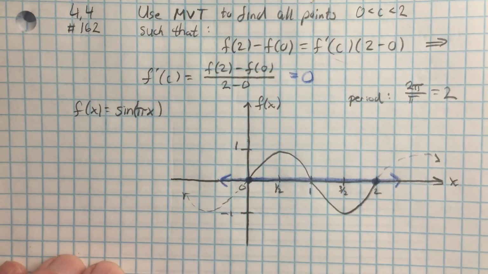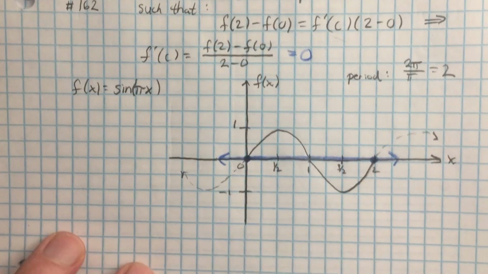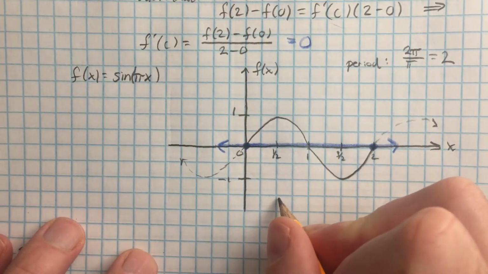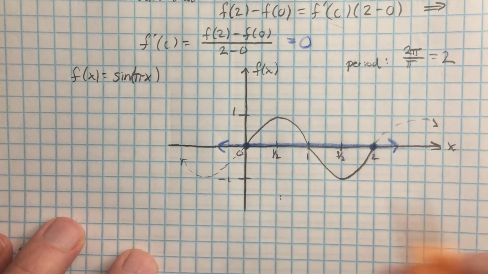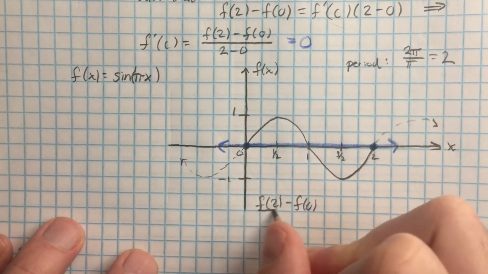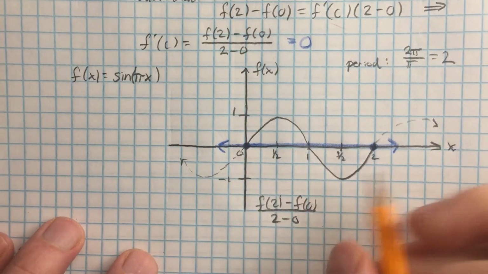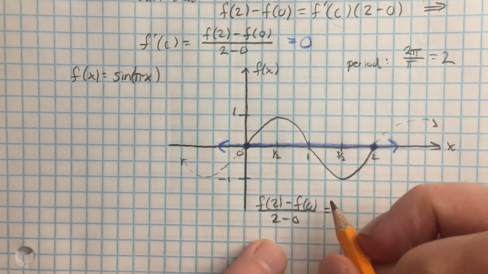So let's calculate it just to make sure using the formula. f of 2 minus f of 0 over 2 minus 0, even though my picture is pretty convincing, but just in case, the whole thing's to be done analytically anyway.